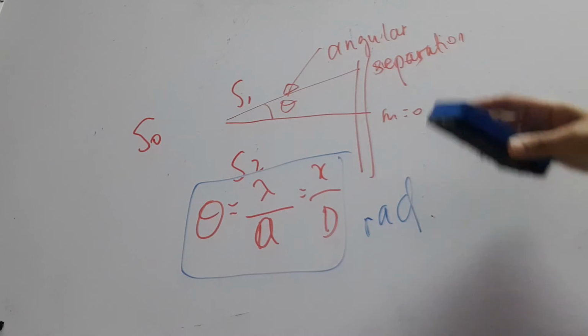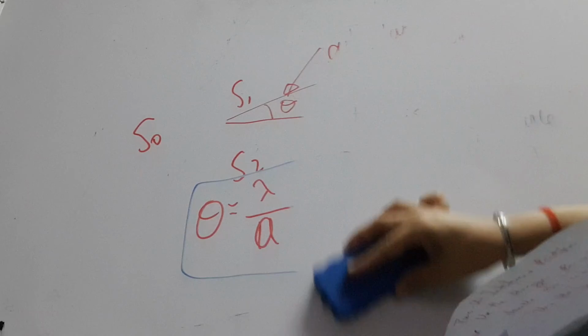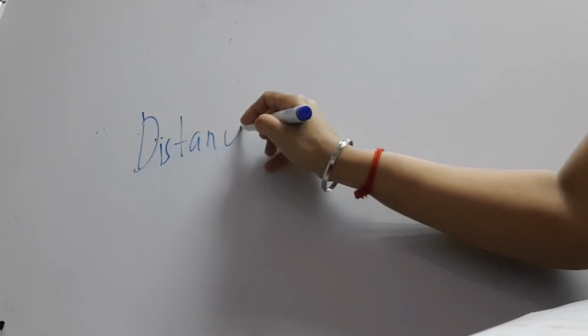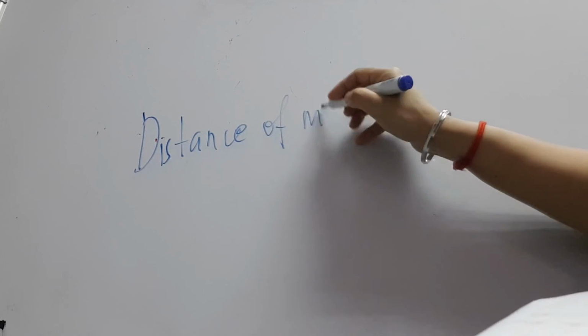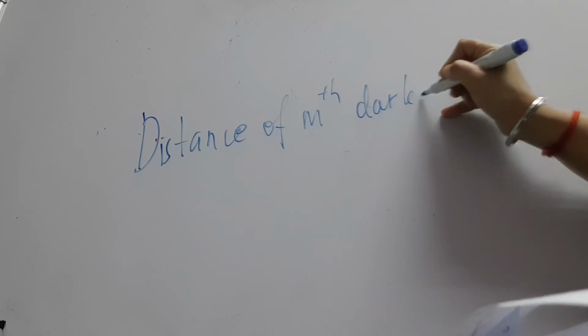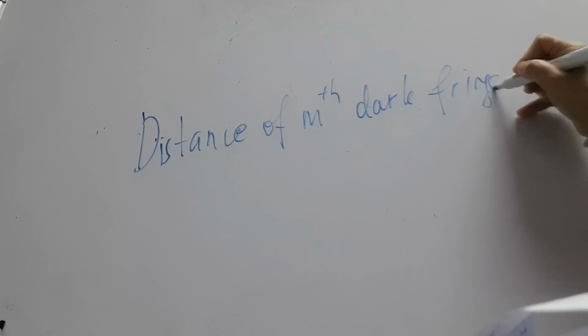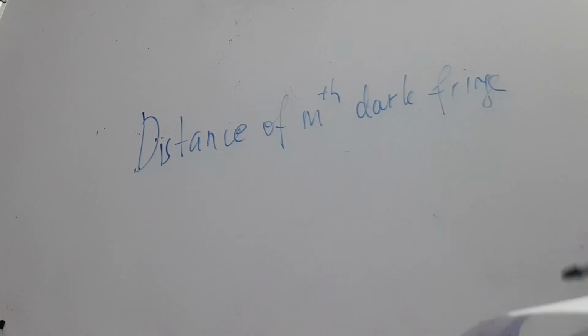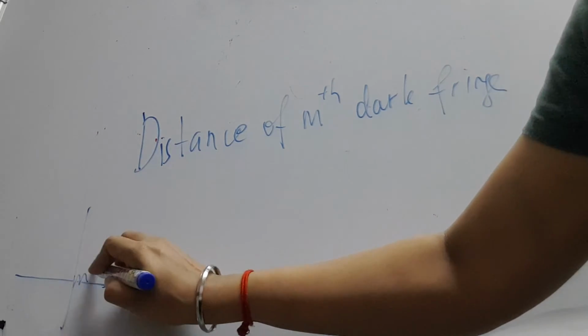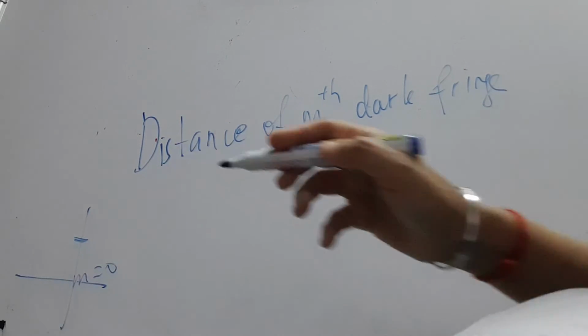The teacher also gave you some questions on the distance of the mth dark fringe from the center. The distance of the m dark fringe means from m equals 0 to any dark fringe.